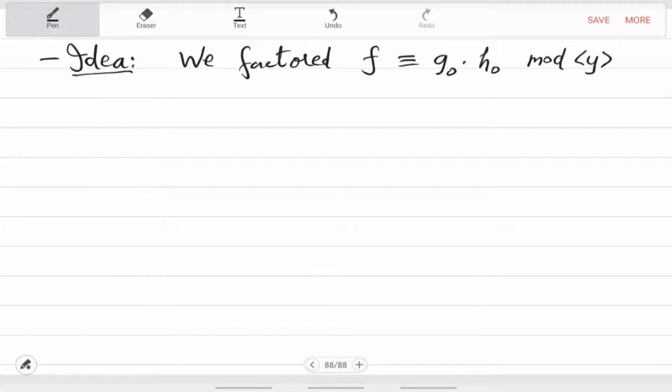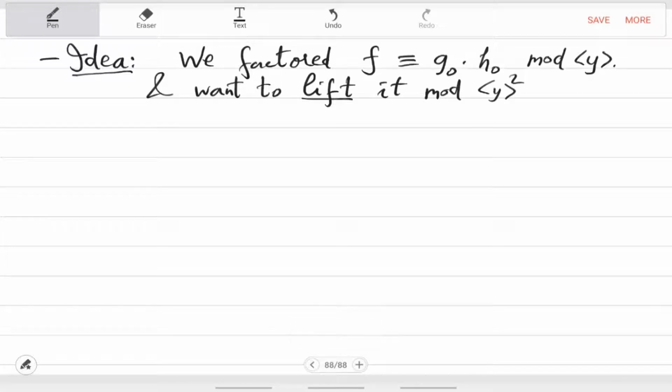In other words, you factored f(x, 0), that's a univariate, by some means, and then you want to lift this factorization mod y square, y to the 4, y to the 8 and so on. So under what conditions is this possible?